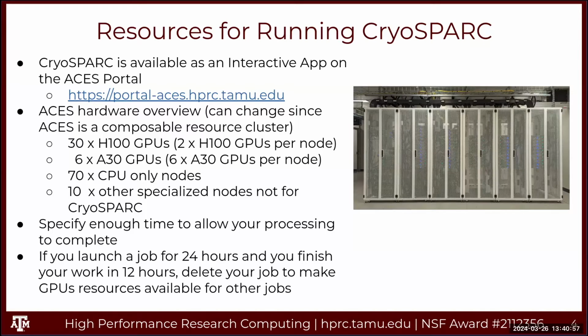Whenever you launch your job, just make sure you allow enough processing time for your job to complete. It's good to overestimate how much time you'll need. We do have limitations based on whether you're using a CPU only node or a GPU node, and I'll go over those time limitations, but you can go ahead and put the maximum time.